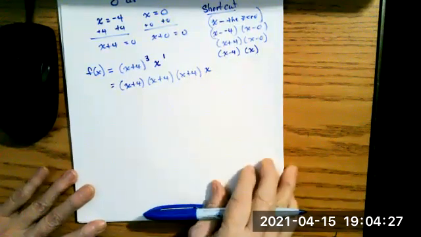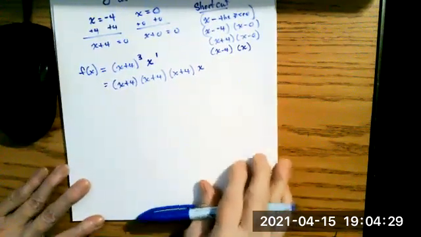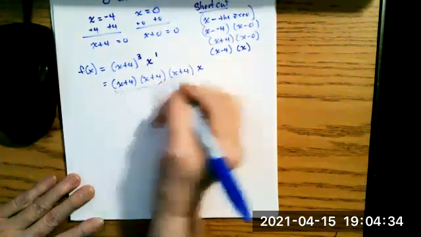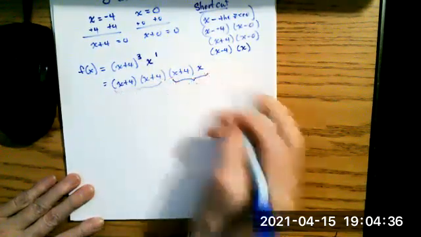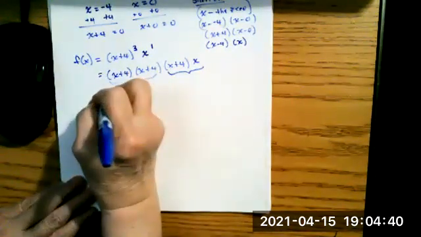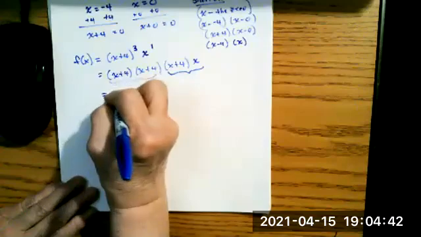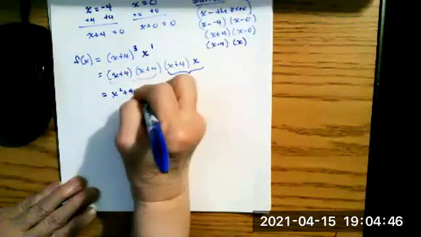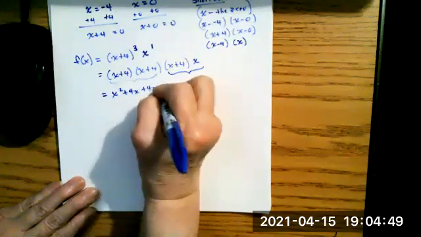Okay, now there's all kinds of ways you can do to multiply this. I think that what I'm going to do is multiply these two and multiply these two. See what I get. So if I multiply those first two, I get x squared plus 4x plus 4x plus 16.